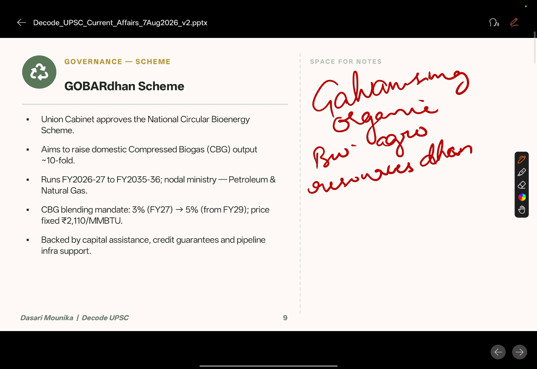The aim of the project is to raise domestic compressed biogas output up to nearly tenfold from present-day production levels. So the government wants to have a national circular bioenergy.